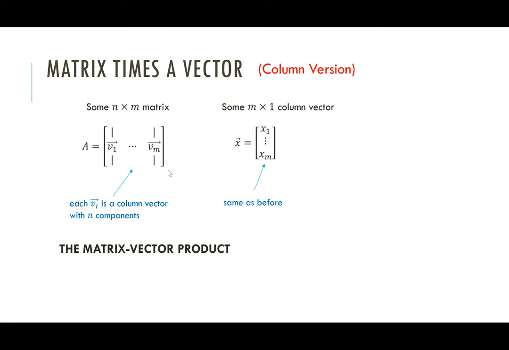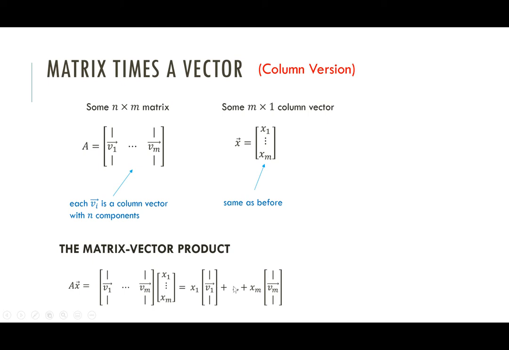Then the column version of the matrix vector product is as follows. Ax is, just rewriting it in terms of how we're thinking about A in terms of its columns. Take the first column vector in the matrix A, scale it by the first entry in the vector, all the way up to the last column in matrix A, scale that by the last entry in your vector.